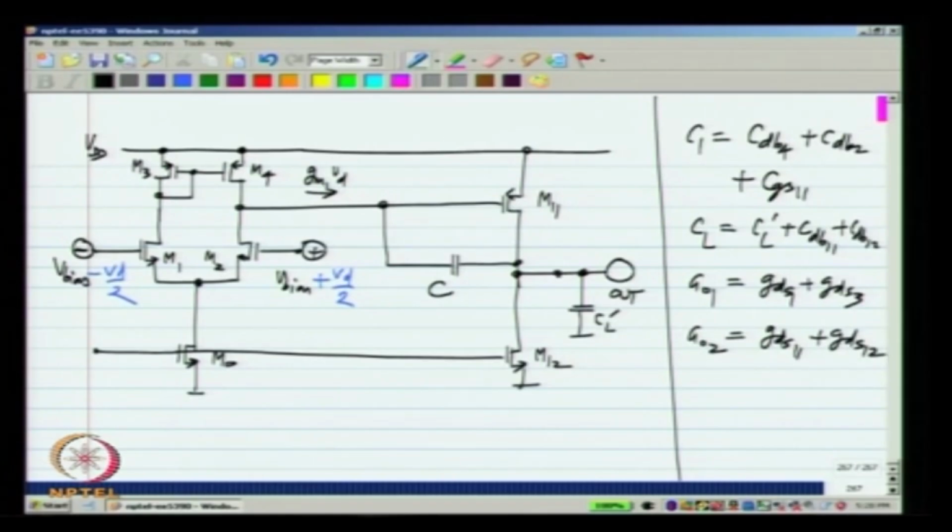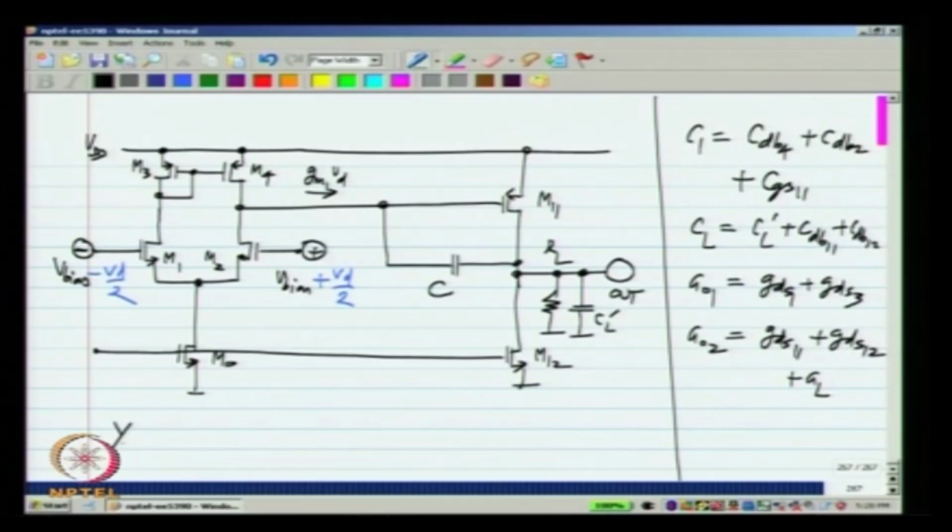Now, if we have a load resistance RL, to easily get the results, we simply absorb that into the total conductance at the output of the second stage. The value of C, the integrating capacitor, is known.